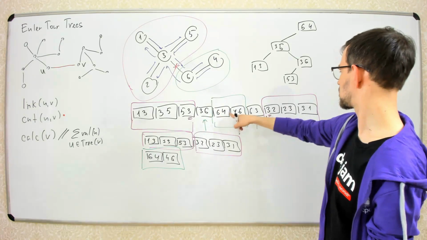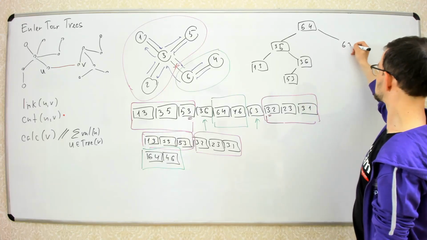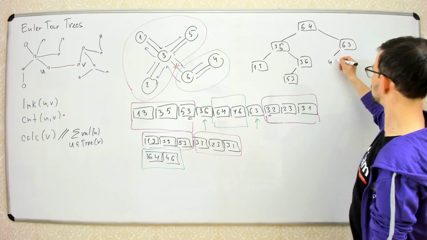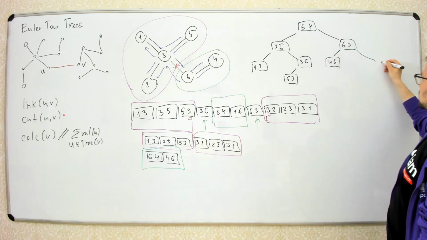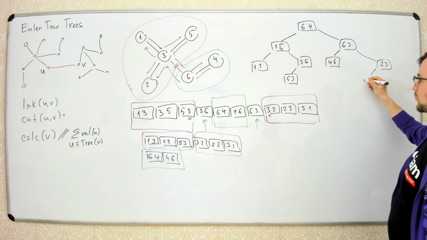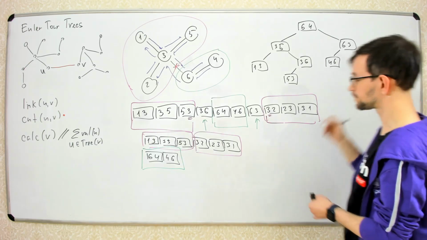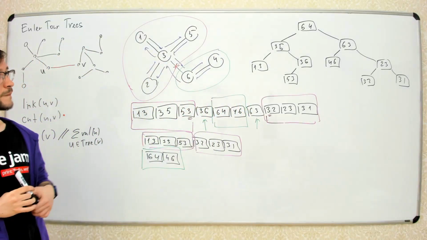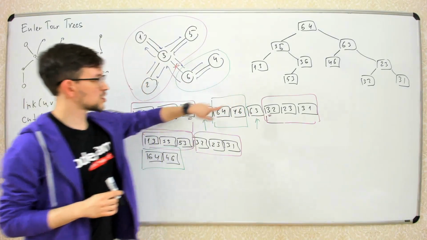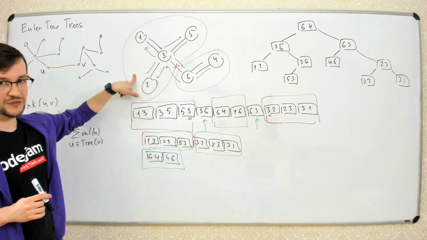So now we need to make a Splay tree of this. Well, let's have, for example, 6, 3 here, 4, 6 here, and so on. 2, 3 here, 3, 2 here, 3, 1 here. So this is the representation of this list, and this list is the representation of this tree.